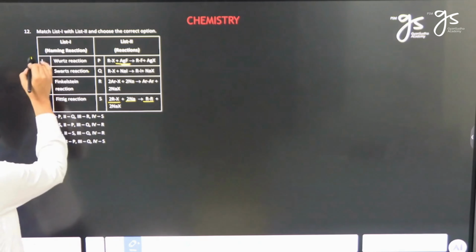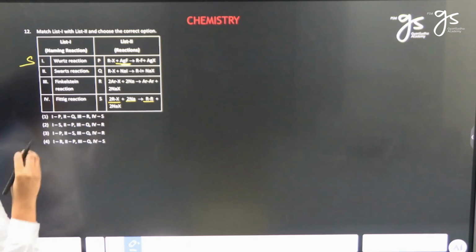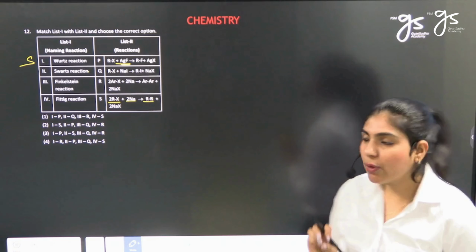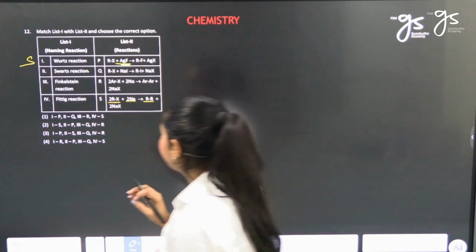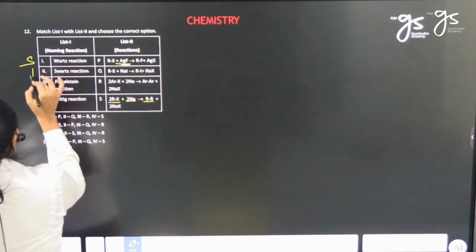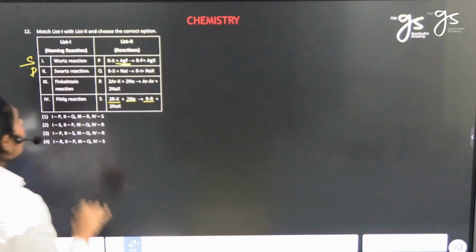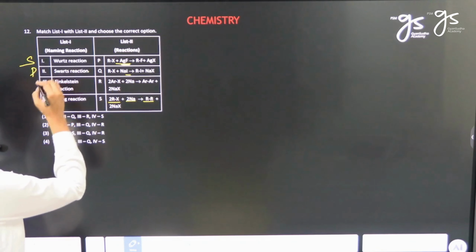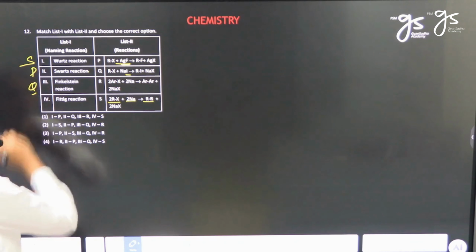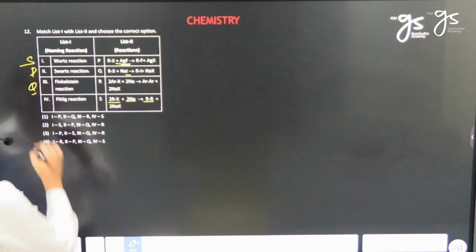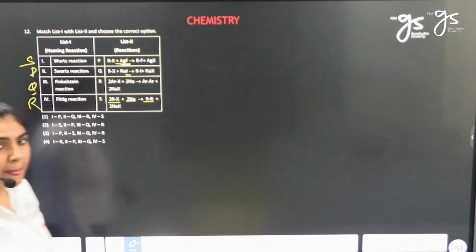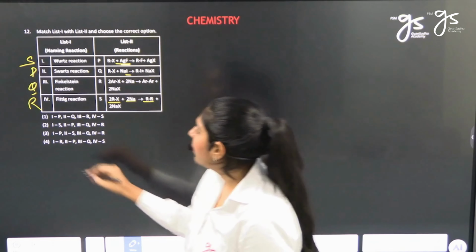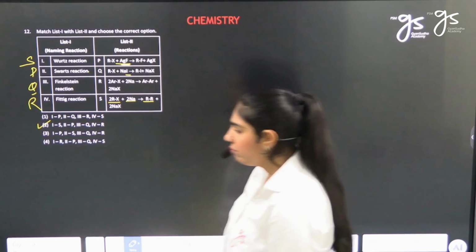So this will be our S. Swarts reaction always takes part in the presence of fluorine. Fluorine containing compound, it is always there, right? So it will be P. Now Finkelstein always takes place in the presence of iodine, right? So it will be your Q. And if we take one last is left, that is R. So our correct option on the basis of this would be our option number 2, right?